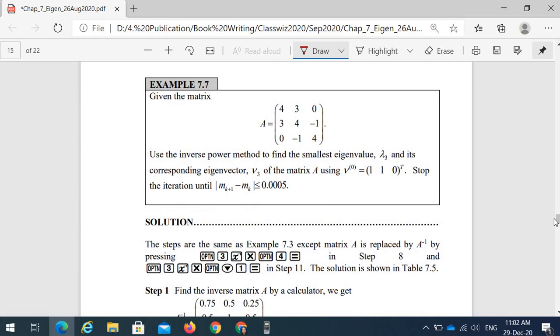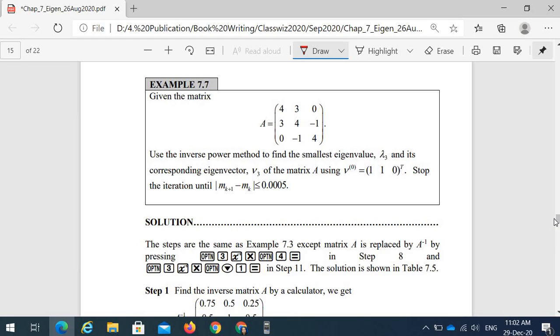Given the matrix A equal to 4, 3, 0, 3, 4, negative 1, 0, negative 1, and 4, use the inverse power method to find the smallest eigenvalue lambda 3. Because A is 3 by 3, the smallest eigenvalue will be lambda 3, and its corresponding eigenvector V3 of the matrix A, using the initial eigenvector V at step 0 equal to 1, 1, 0 transpose.